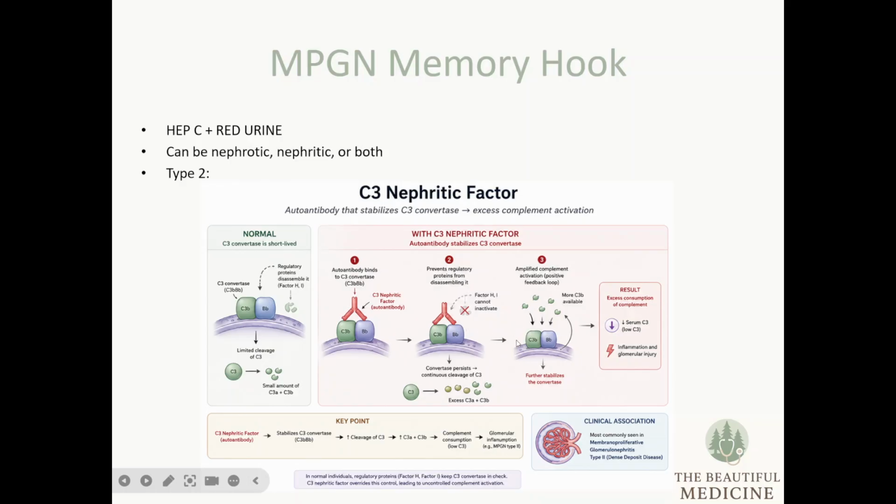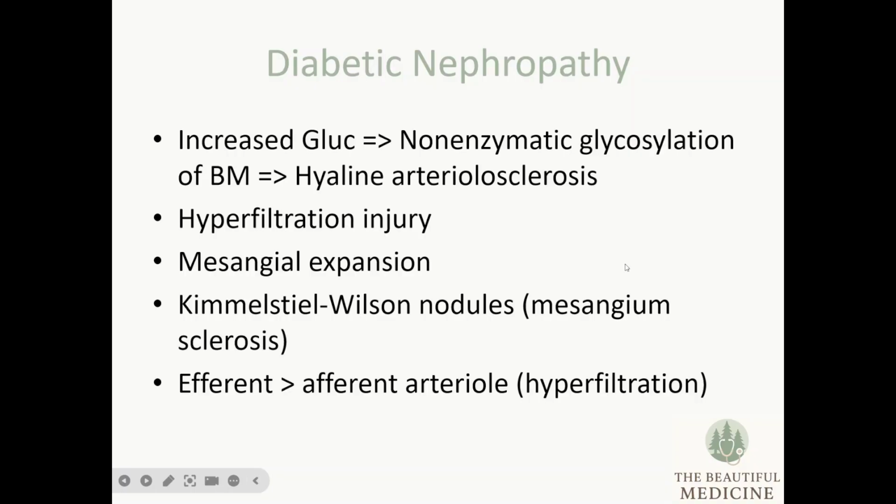So in this case, it is stabilized and produces excess C3 and C3b and produces inflammation. So you allow more cleavage of C3 and complement consumption and glomerular inflammation. All right. So there are some clinical associations, but we can talk about this later.